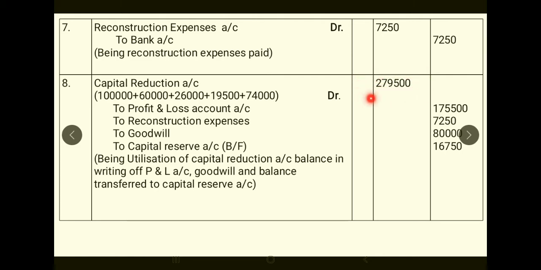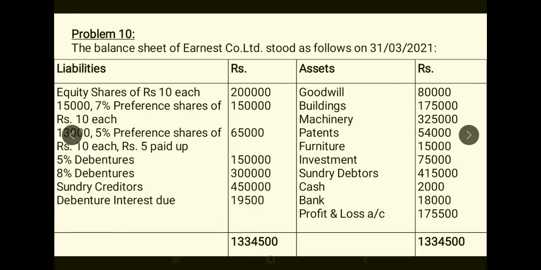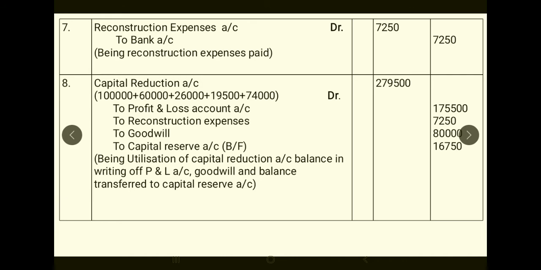Now you have to utilize this amount to write off various unwanted assets. So like P&L account balance, goodwill, all those things should be written off. So here you can see in the balance sheet, goodwill 80,000, P&L account 1,75,500. Rest all of the assets are simple regular assets. So only P&L and goodwill completely you will write off. Reconstruction expenses you will write off. Okay.